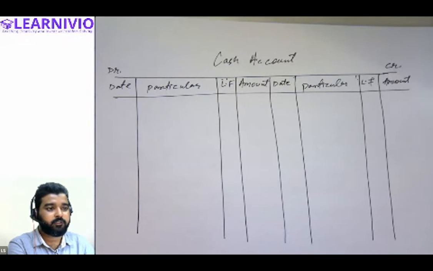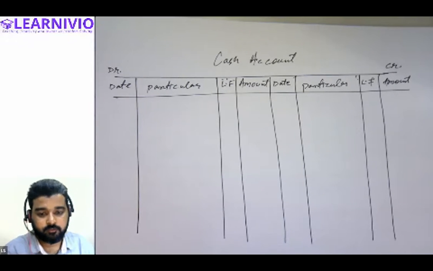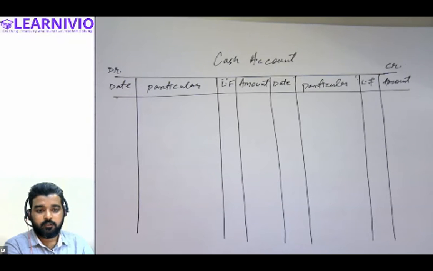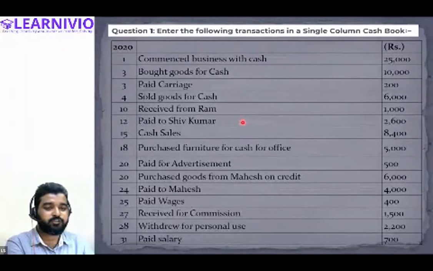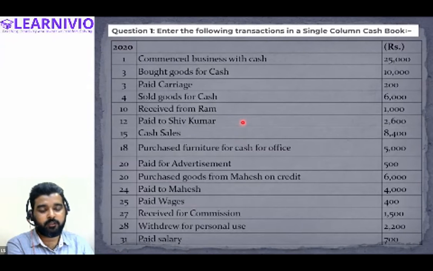Everybody tell me, can we start the question? Yes, sir. See, the first transaction given here is commence business with cash. Tell me, when we commence business, what will happen?